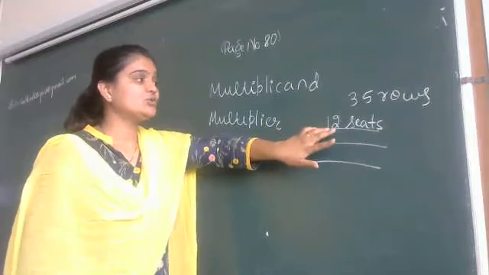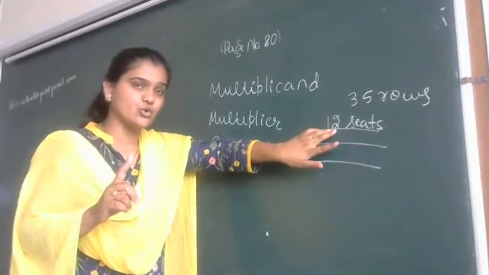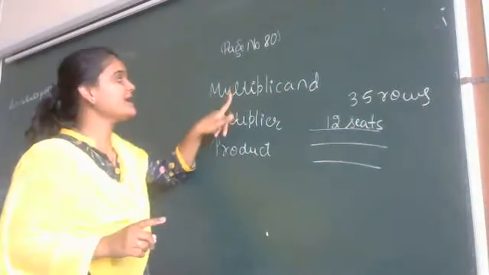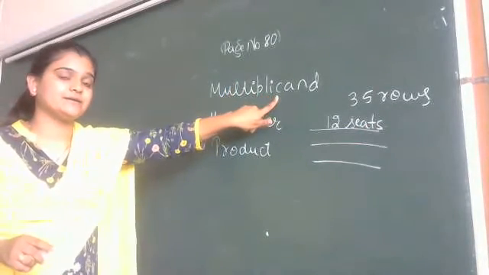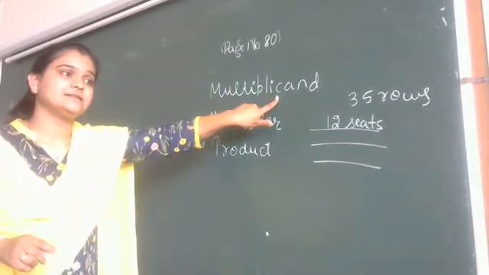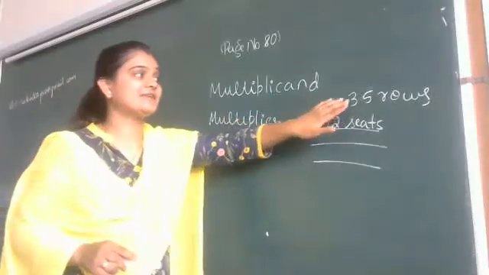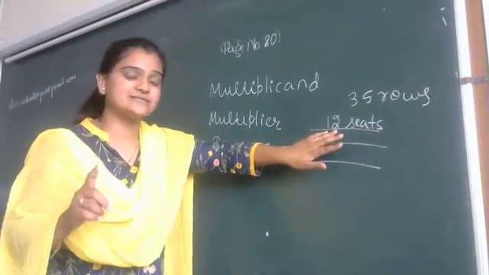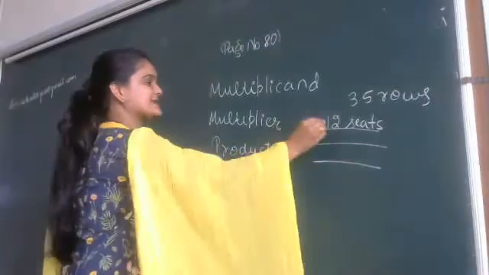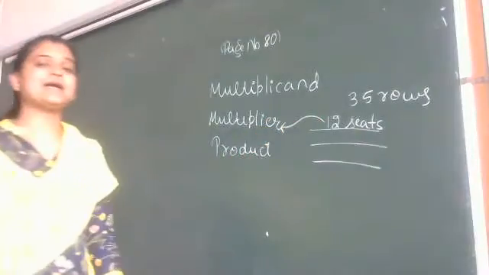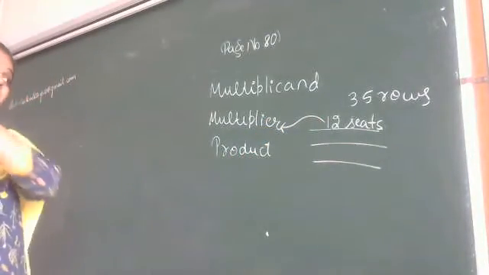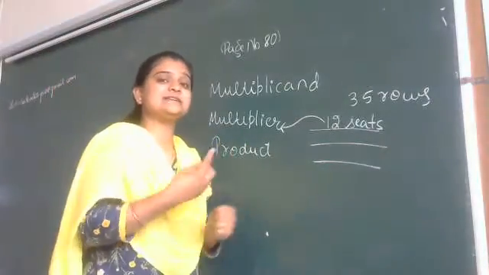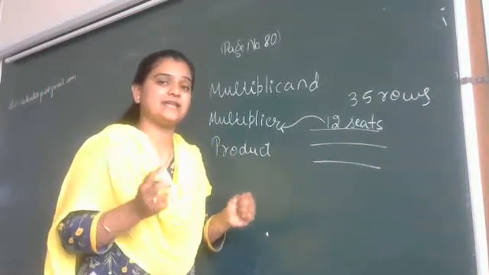35 rows, 12 seats in each row. So here 35 is our multiplicand. Did you understand? The huge number, that is 35 rows, and in each row we have 12 seats. Here 12 is our multiplier. We are going to multiply it by 12 to find out totally how many seats are there in a cricket stadium.